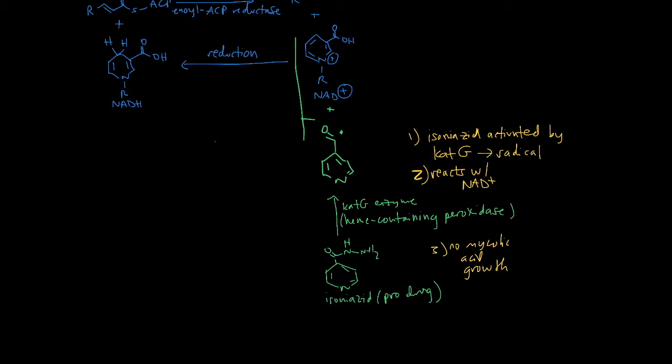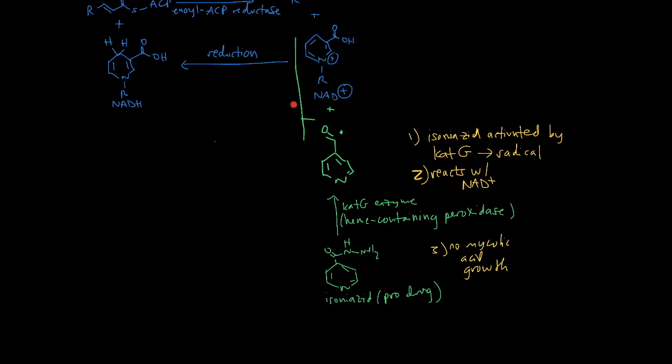So I wrote it out for you. Number 1, isoniazid is activated by KatG, which is a heme-containing peroxidase, and this forms a radical. So isoniazid is a prodrug. This active metabolite reacts with NAD+, and by reacting with NAD+, you stop the process.